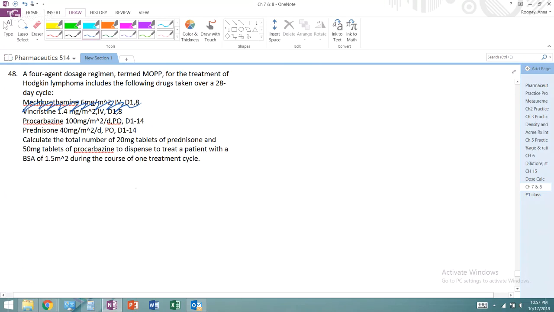So we figure out how much they take. So for procarbazine, all right, so that one is 100 milligrams per meter squared, which you want to have 1.5 meters squared, and then it is 14 days of treatment.